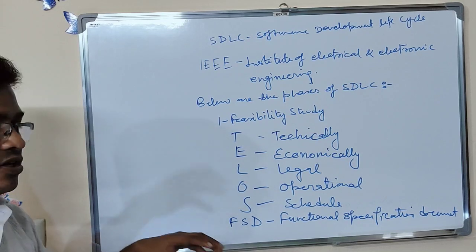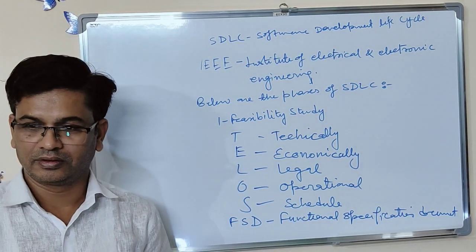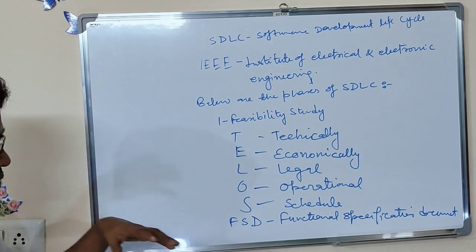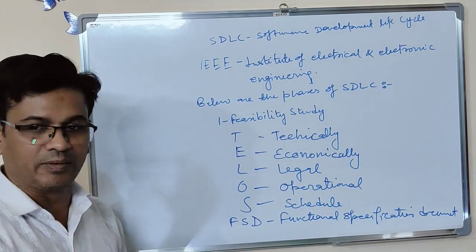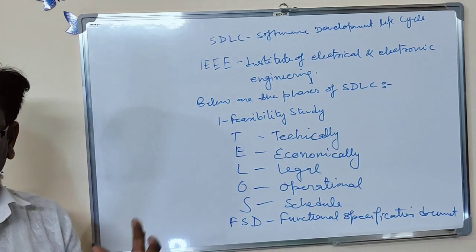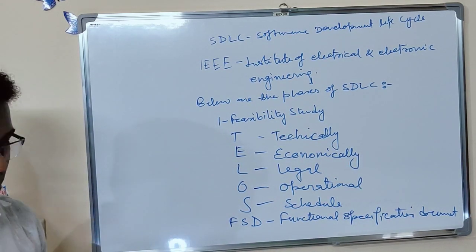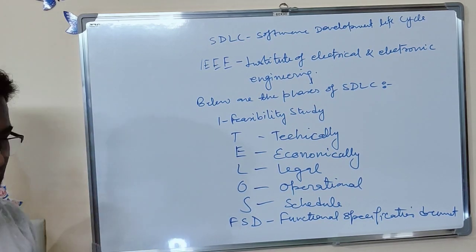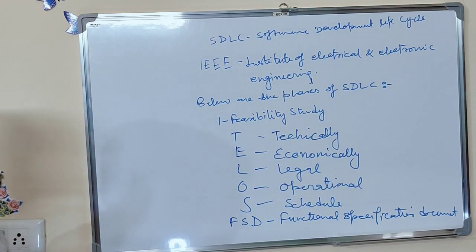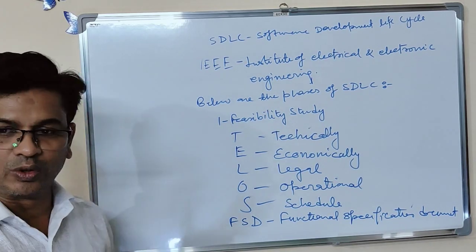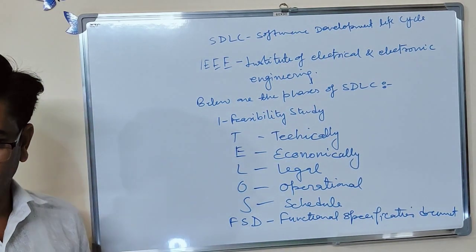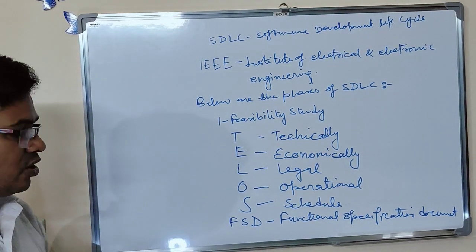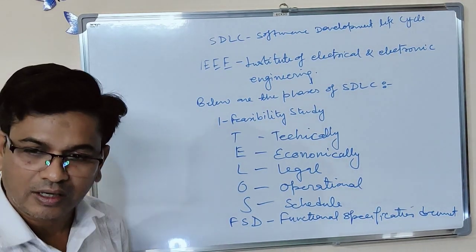FSD is a non-technical document, and it cannot be referred to by the development team or QA team for their own activities, because it has a lot of constraints from a technical point of view, because technical people need the requirements in a specific format. Got it?